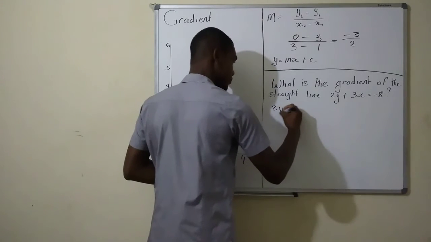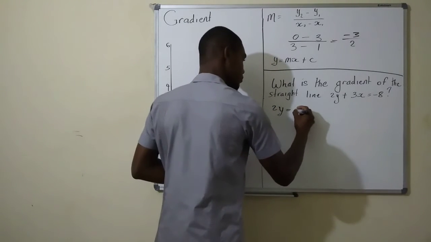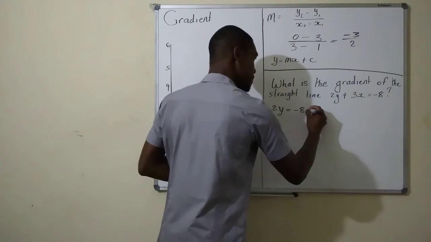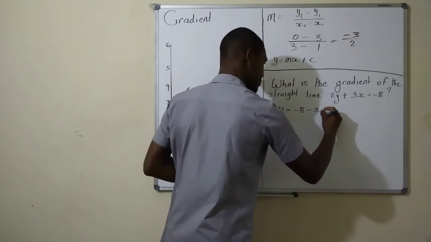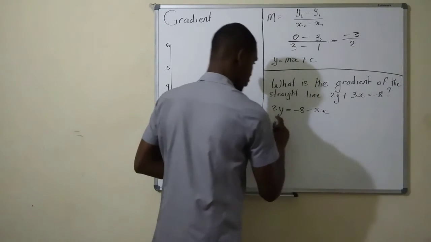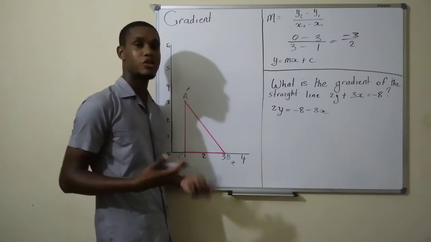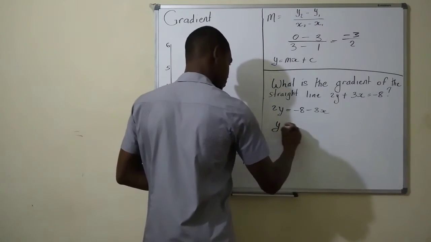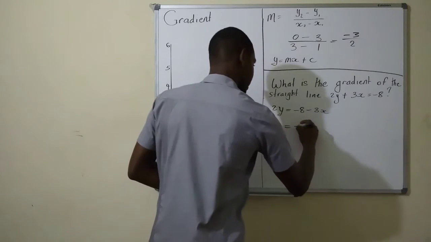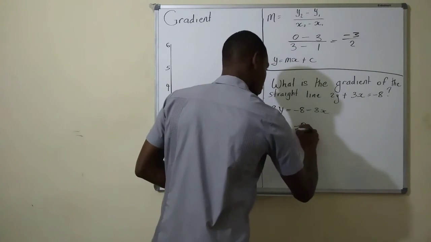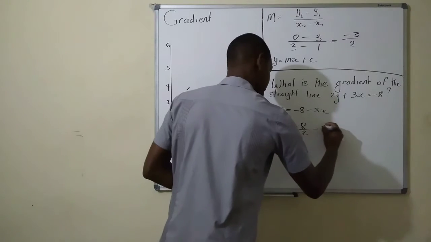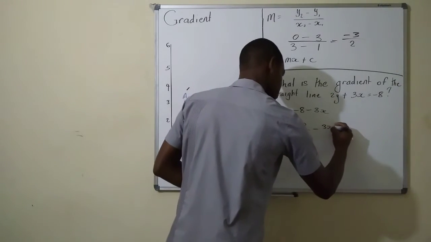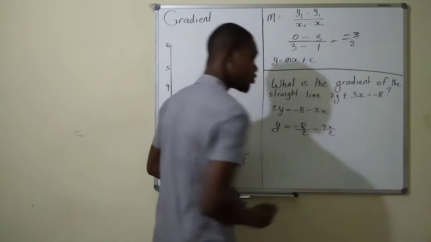So 2y equals negative 8 minus 3x. Now you're trying to get y by itself, so you have to divide by 2. That gives you y is equal to negative 8 over 2 minus 3x over 2.